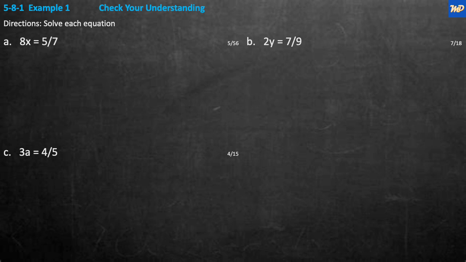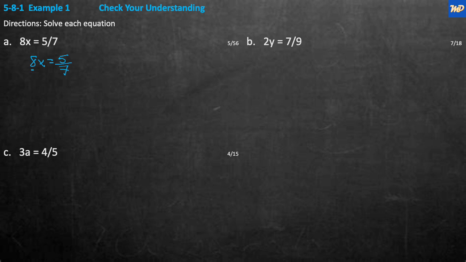A says 8x equals 5/7. And what did I say to do just in the previous slide? The x, in this case, has to be by itself and have a coefficient of 1. It has a coefficient of 8 at this moment.